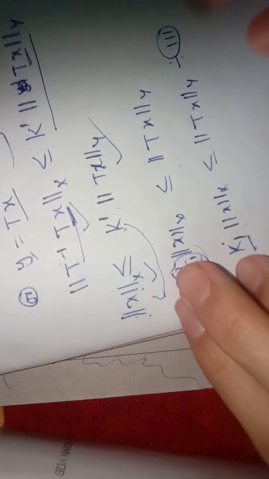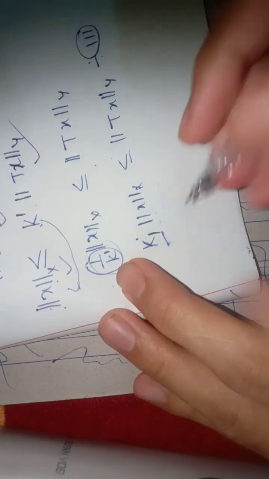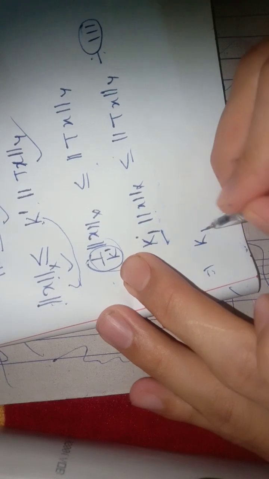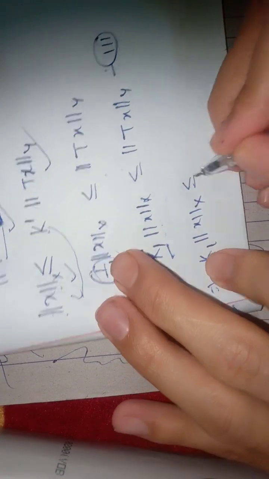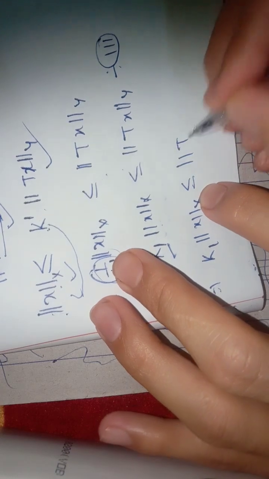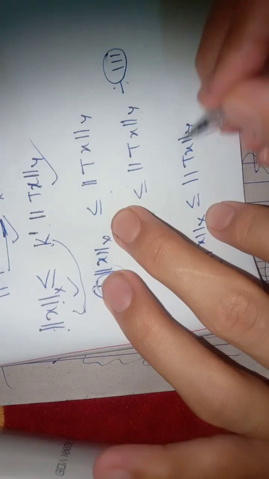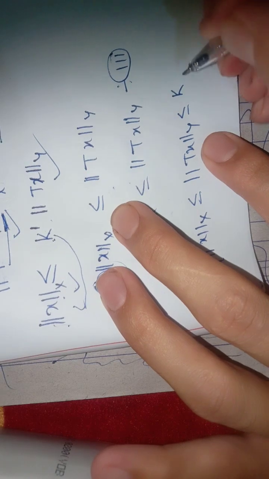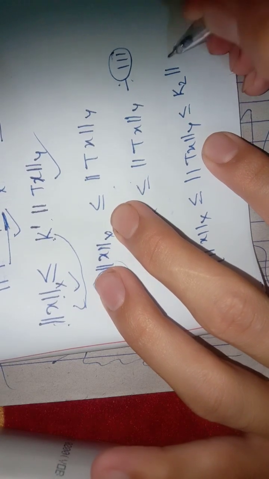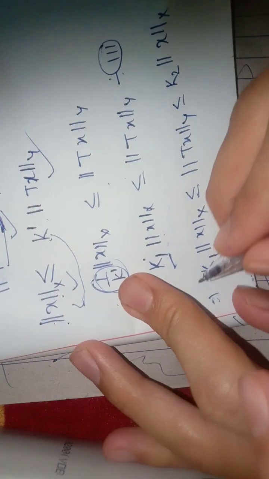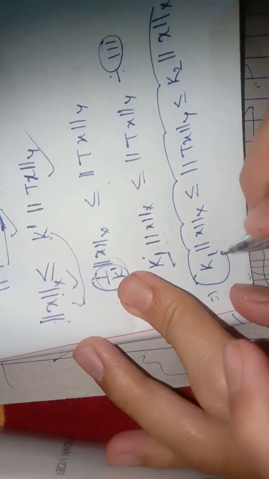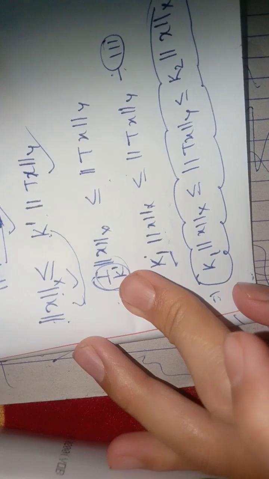Using the first part and third part we get k1 norm of x is less than or equal to norm of Tx is less than or equal to k2 norm of x. So this is the proof of the statement, or we can consider the question done. Thank you.